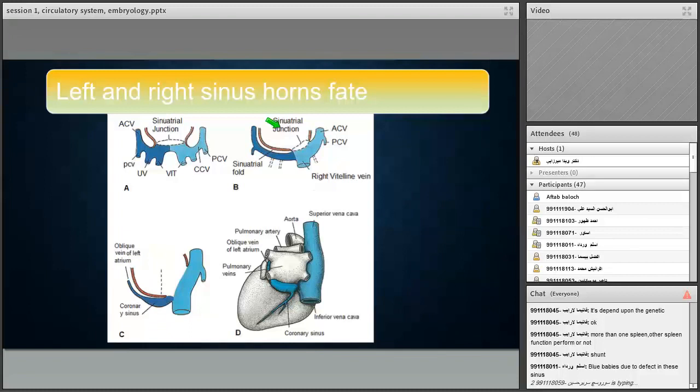This part is incorporated into the smooth valve part of the right atrium. This part, I mean the right venous sinus, is forming the right portion of the right atrium.